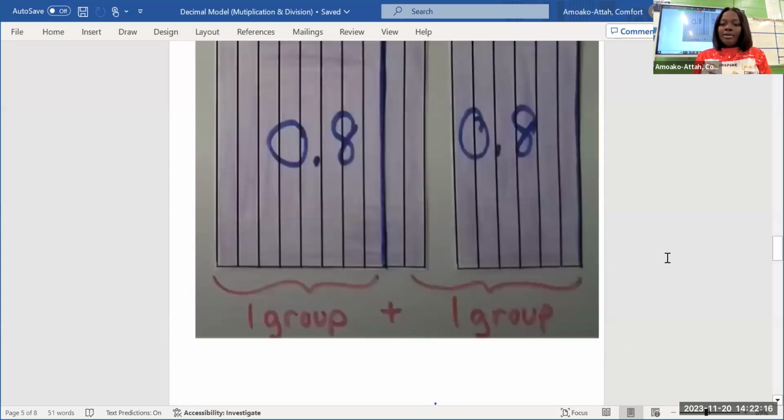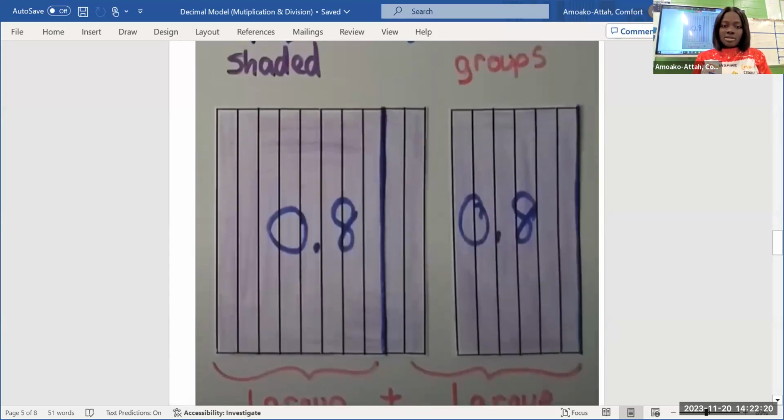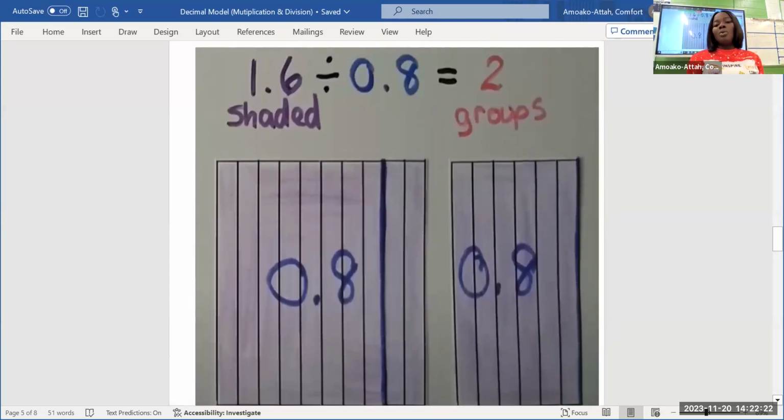We are dividing 1.6, or 1 and 6 tenths, divided by 8 tenths. So what do you do? Again, our divisor. We divide our model into how many groups of 8 tenths we can get from 1 and 6 tenths.